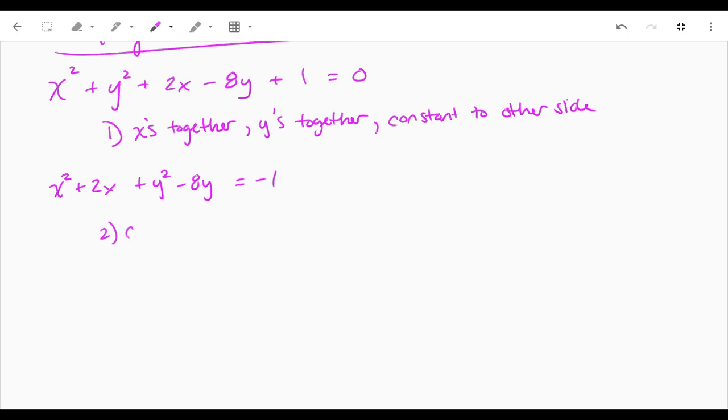Now we complete the square twice, one for the x's, one for the y's. Remember you split the middle term.